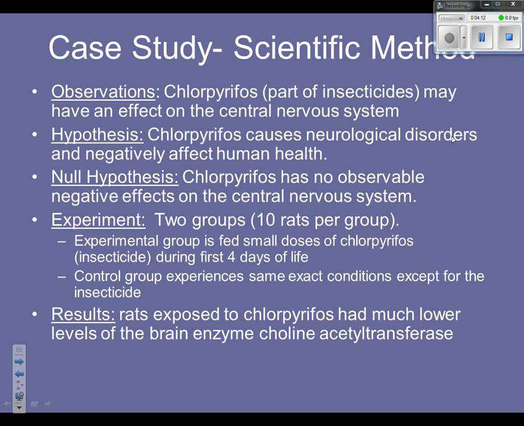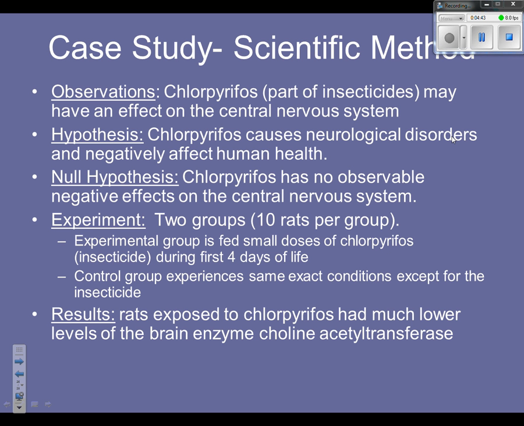As you can see, they've also developed the null hypothesis because it's much easier, as we said before, to disprove something than it is to actually say this is true. In that opposite hypothesis, or the null hypothesis, they've simply stated there are no observable negative effects on the central nervous system by chlorpyrifos.